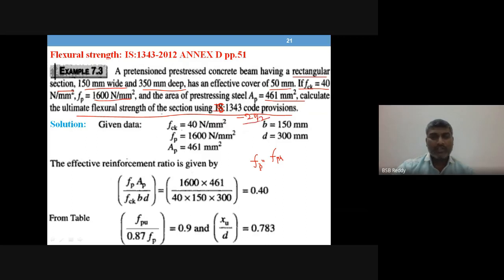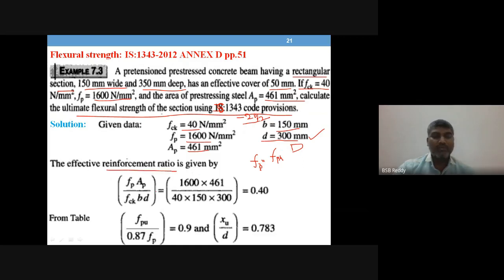So FCK is 40, FP is 1600, AP is 461, B is 150, capital D is 350. The effective cover of 50 mm is given, from the center of steel to the bottommost fiber. So effective depth becomes 350 minus 50, 300. Now the effective reinforcement ratio.